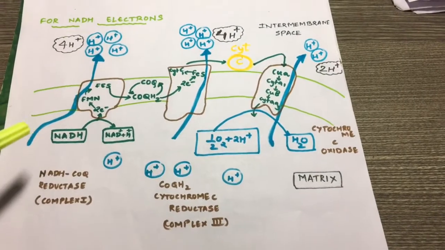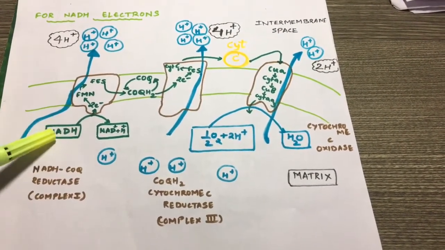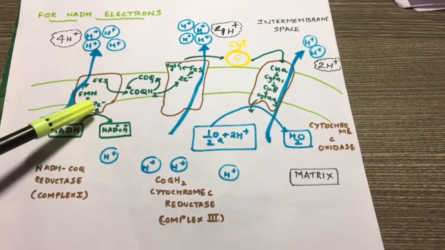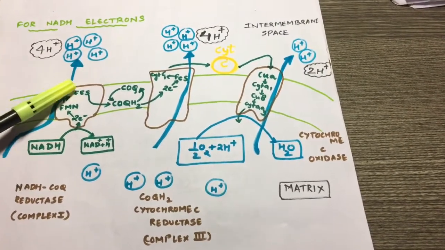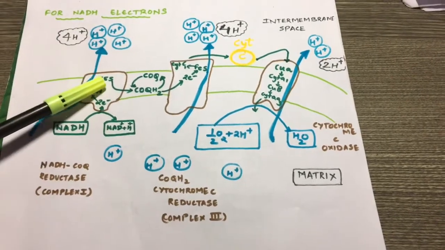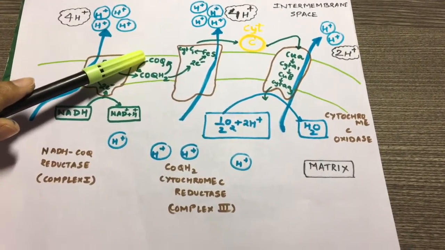In the first complex, the NADH is reoxidized to NAD plus and H plus. Here two electrons are released, which will be received by the FMN and FeS, which are the prosthetic groups present in complex 1. Then the two electrons will be accepted by coenzyme Q, ubiquinone.